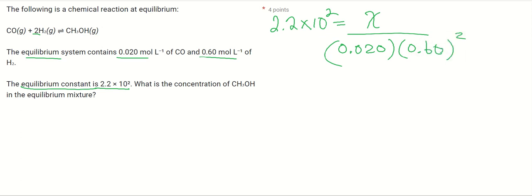So we can just cross multiply there, get rid of the fraction, and then we'll have our answer. I don't have a fancy graphing calculator, so I'll just turn this into 220 first. That will make it easier for me. So 220 times 0.02 times, I've got to square that, 0.6 squared.